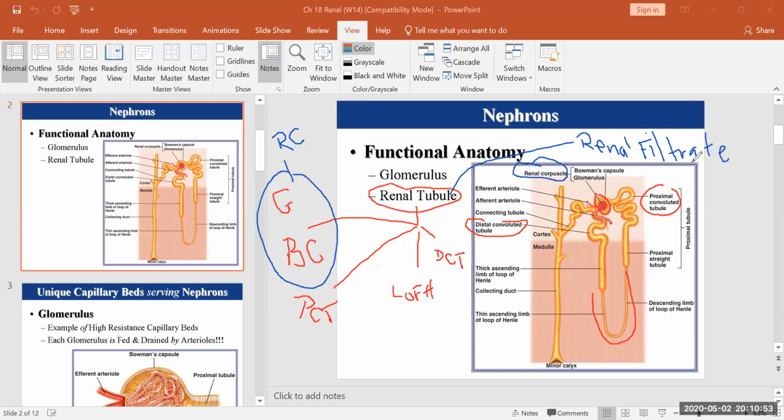And when the renal filtrate is leaving the nephron, then it will become urine. So as long as it stays in the nephron, it is not urine, it is the renal filtrate. And that renal filtrate is actually derived from blood plasma. So our blood plasma is being cleansed by the nephron, right?